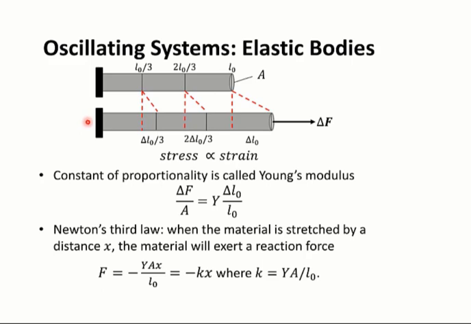So we can write that down to be equal to minus of the force found from this equation, that is this quantity. And as Y, the Young's modulus, A and L0 are constant, we can write this out as K, right? So this will be the restoring force in this elastic object.